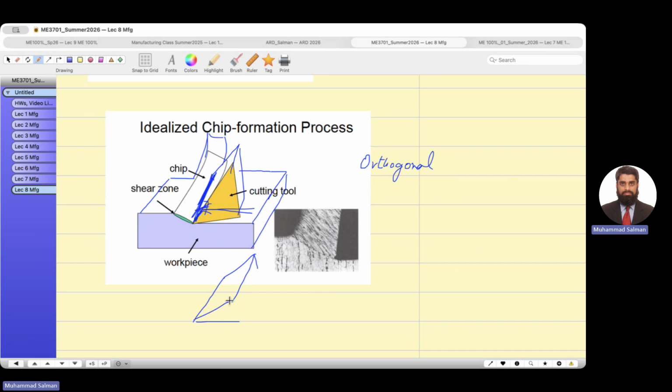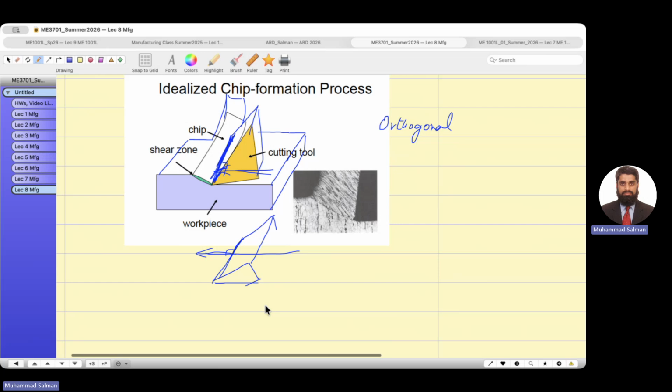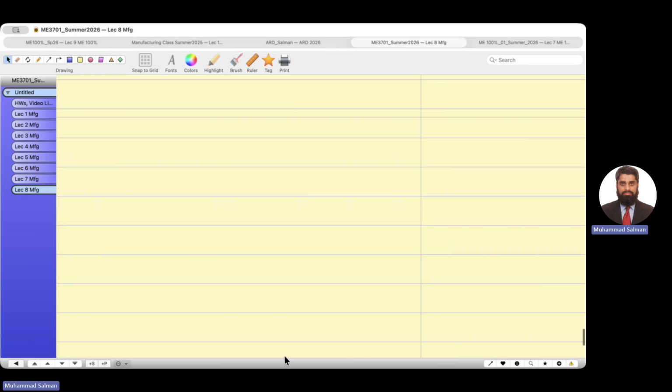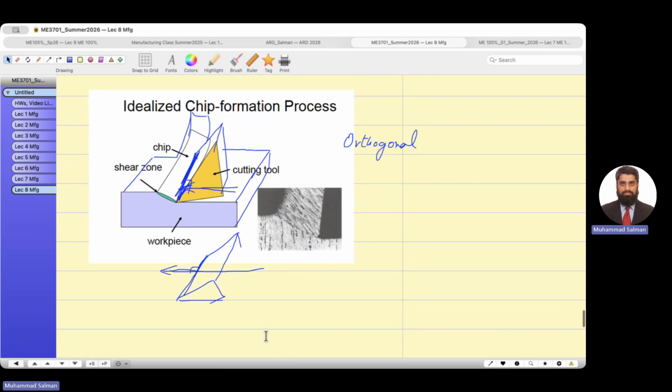This cutting edge, and the tool is moving perpendicular to the cutting edge. That's why we call it orthogonal cutting. And when it is oblique, sometimes it is oblique cutting. And in orthogonal cutting, the chip is not moving to the side, but going straight up the tool, on the rake face, we call it a rake face.